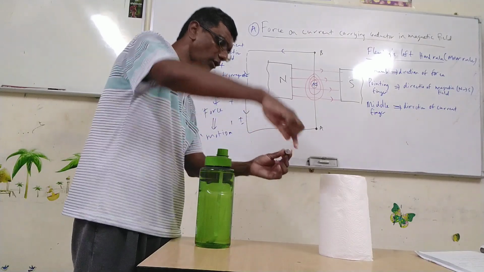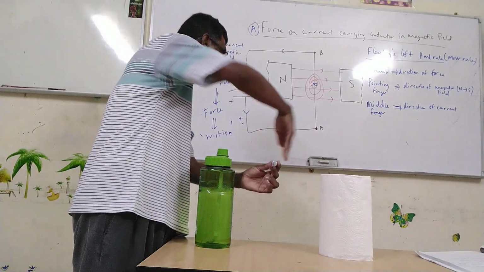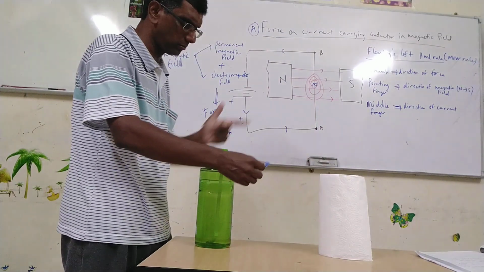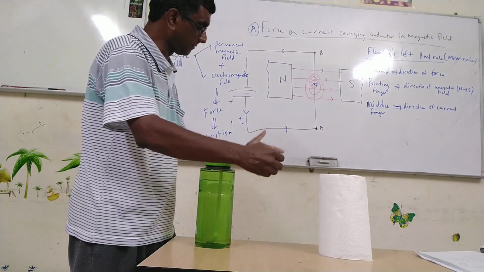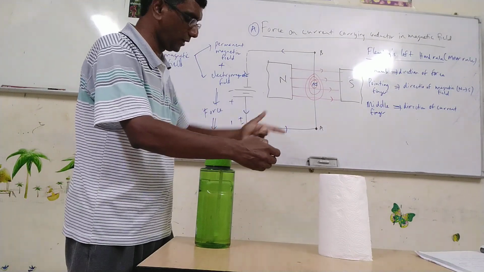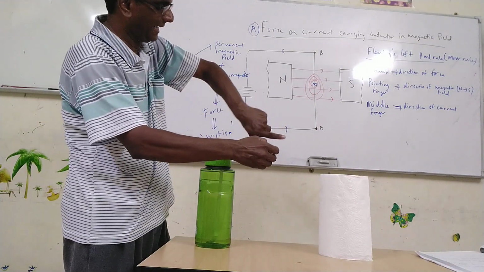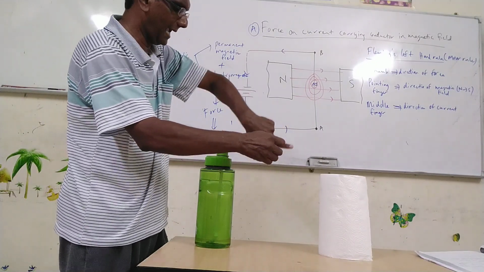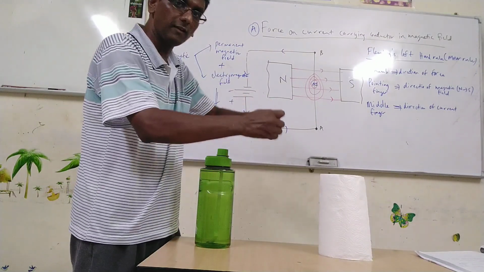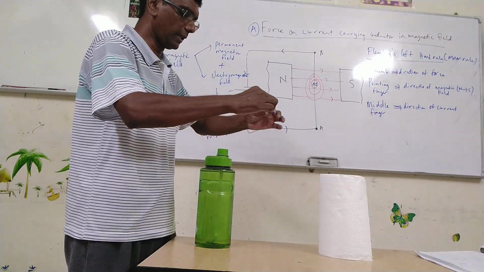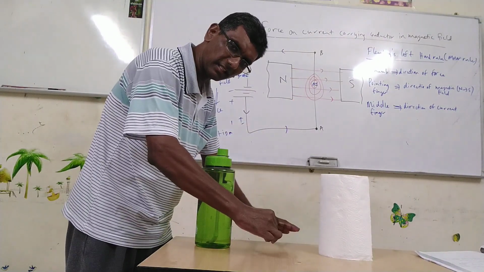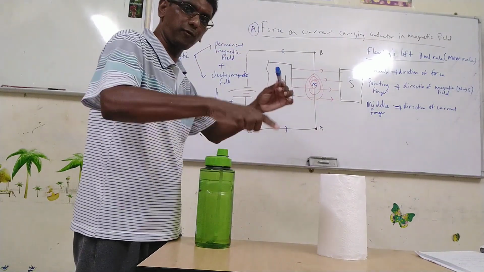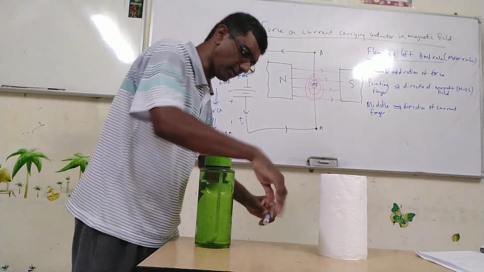And if the current flows towards the whiteboard, with the pointy finger north to south, you must turn the hand. The force is acting downwards. Force upwards when the current flows this way, force downwards when the current flows this way.